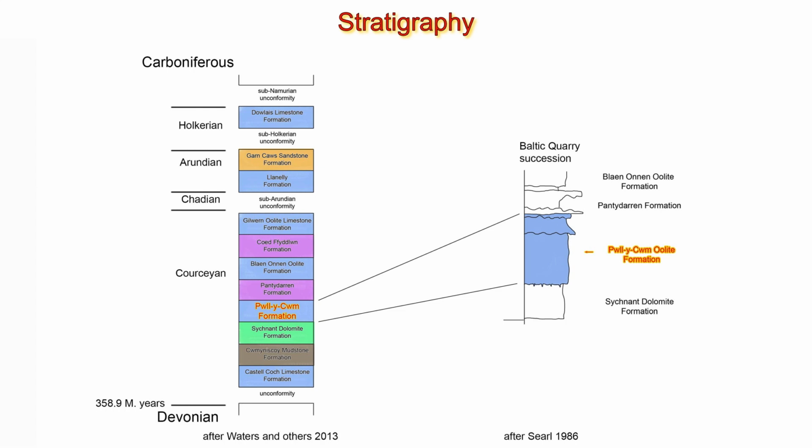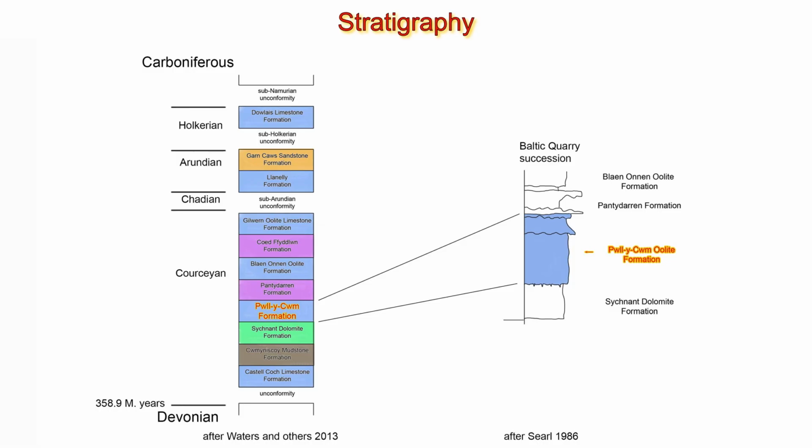Its top was infiltrated by fresh water. It is overlain by a calcrete at the base of the Pantydwr Formation. Its geological setting has been described by Raven, 1983, Searle, 1986, and Wright, also 1986.